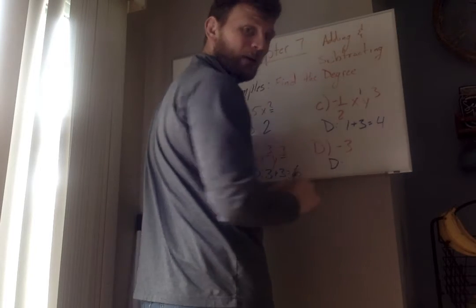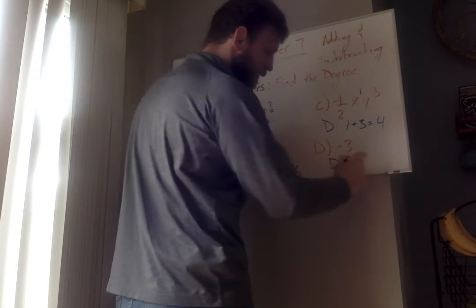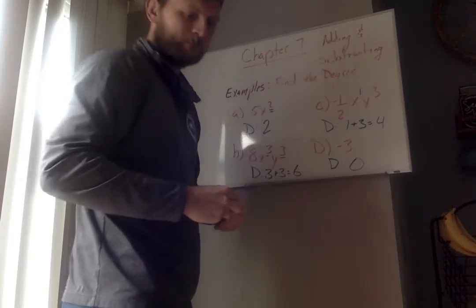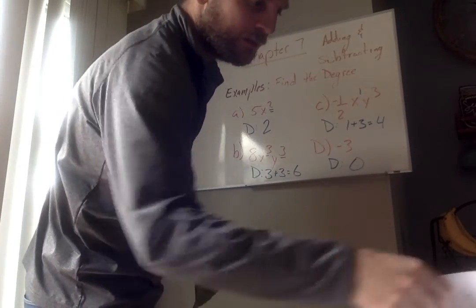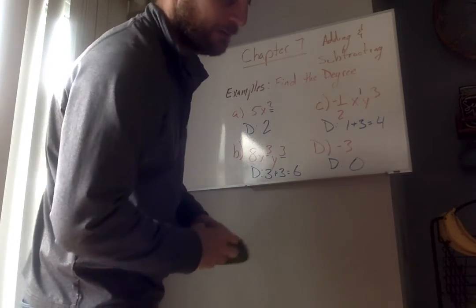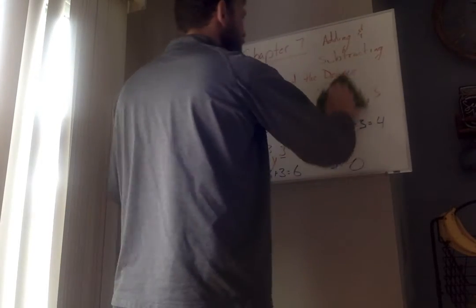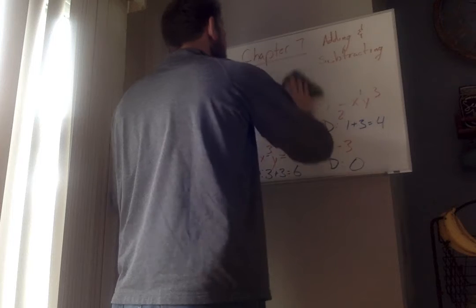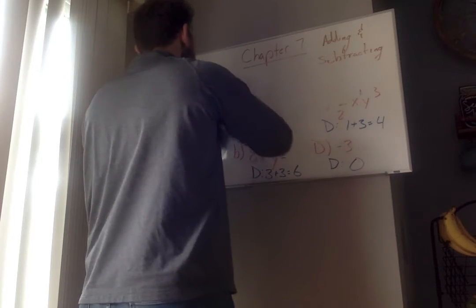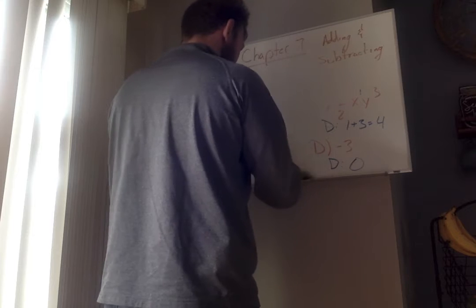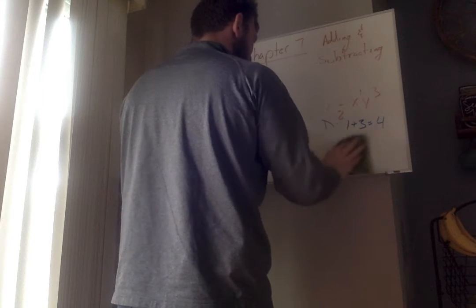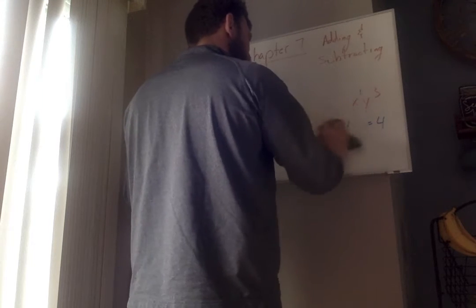Now notice there's no x's here, none. So my degree is 0. Any questions? Okay, you guys try. While I'm erasing, you try and I'll go over the answers in a second. It's all coming back to me.